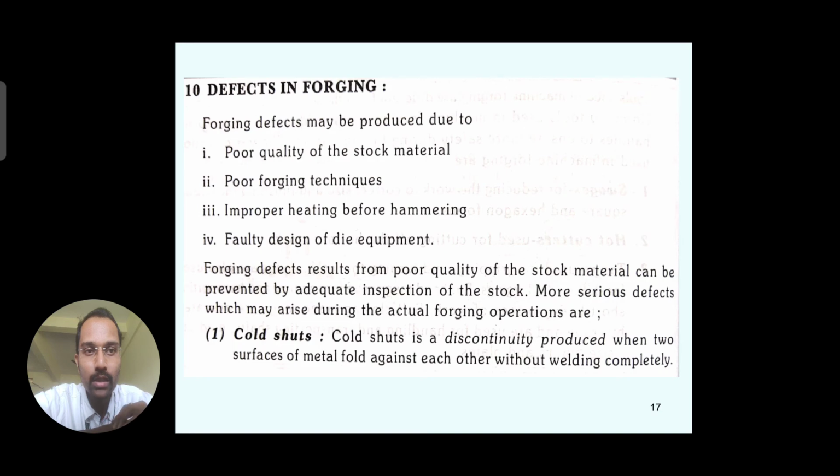During the striking, if the metal is not uniformly passed over the other metal, or the continuity of that metal is not there, there is a discontinuity. Or at other times it may get folded. After moving to some extent, the metal gets folded at one point, so there is a discontinuity.